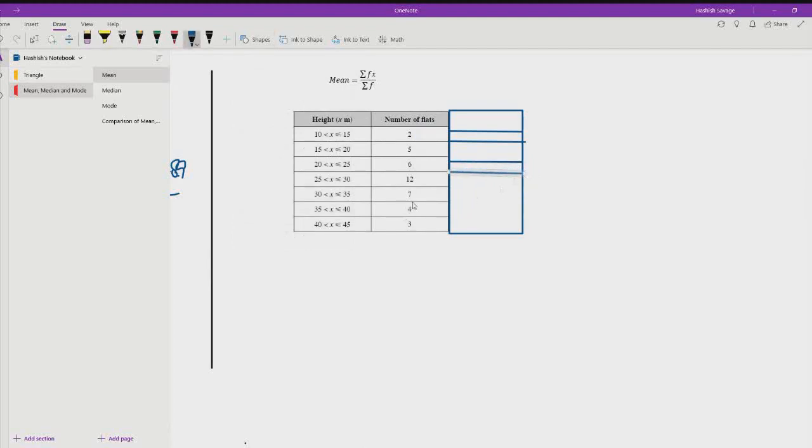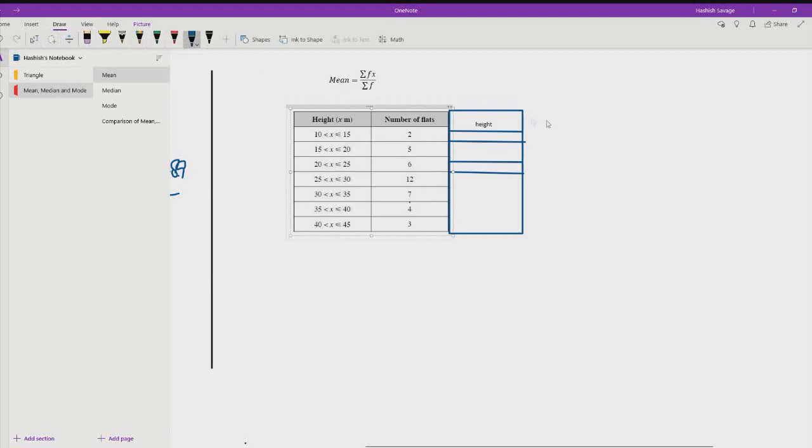Let's see how to find the column for height. I don't know whether the height is 10 or 15 or 12 or 13, so it's better to take an average of these two numbers. How will you take the average? You will add 10 and 15, and as there are two values you will divide by 2.